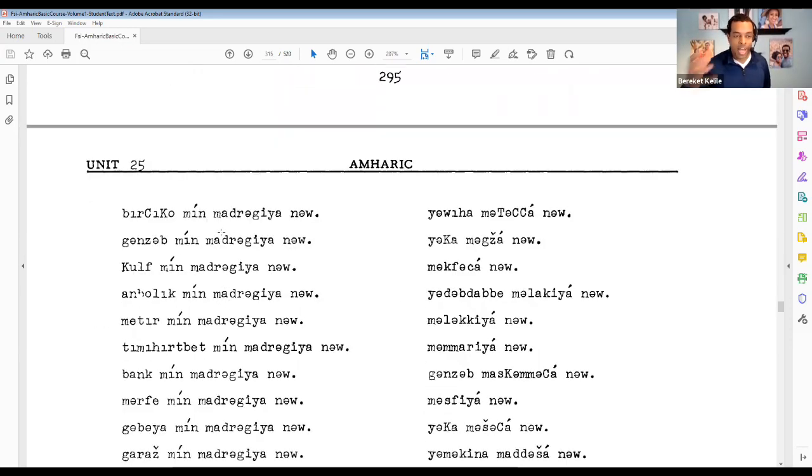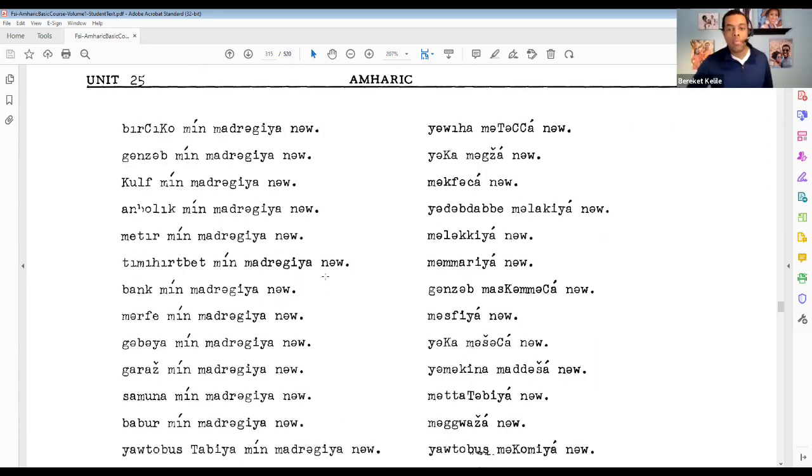Burchiko, a glass cup, min madrigiano, yawahamatachano. Benzeb, min madrigiano, yakamagza, no, to buy stuff. What is money used for? To buy stuff. Kulf min madrigiano, makfechano, to open. Anbolik min madrigiano, I believe that's envelope, yadabdabe malakiano, to send a letter.